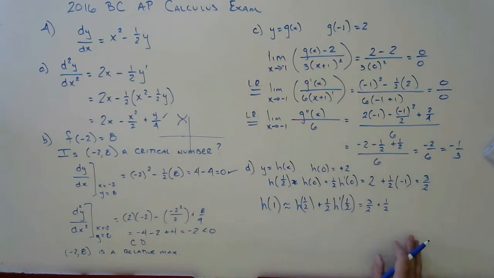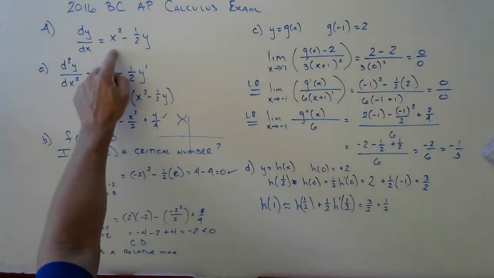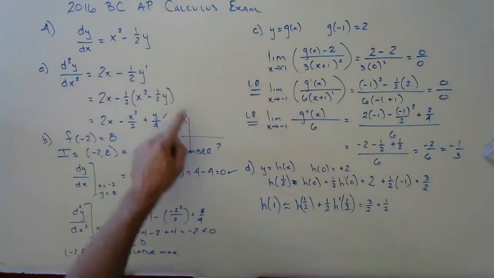Well, what are we going to use for h prime of a half? If we take a look at h prime of a half, we would need to plug that back into h prime here, right? So what do we know?